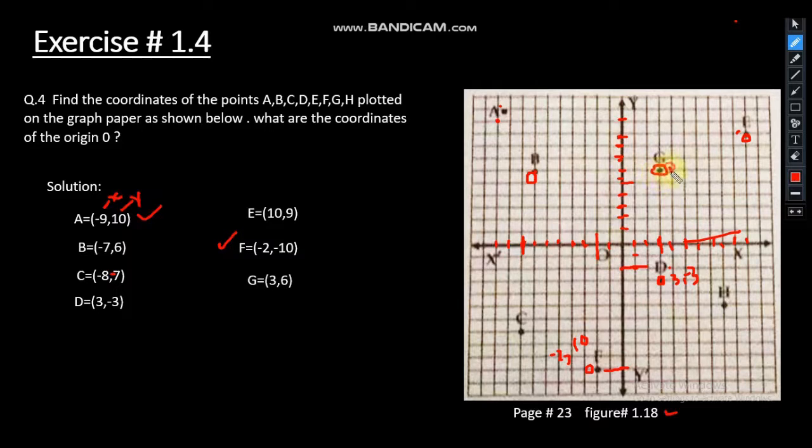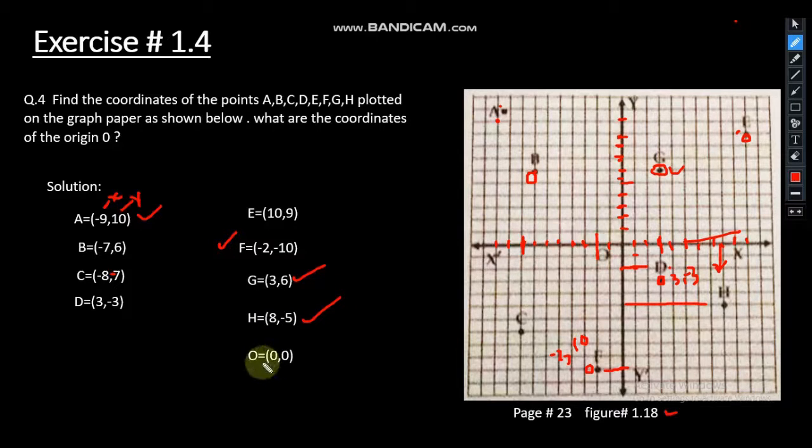So we can write here 3 and 6. We can see H here, which is on the positive x-axis, 1, 2, 3, 4, 5, 6, 7, 8 here, and minus 5 here. So we can write in this form.